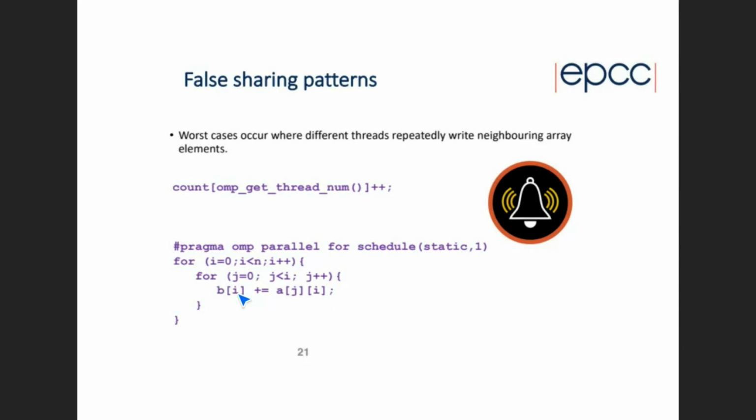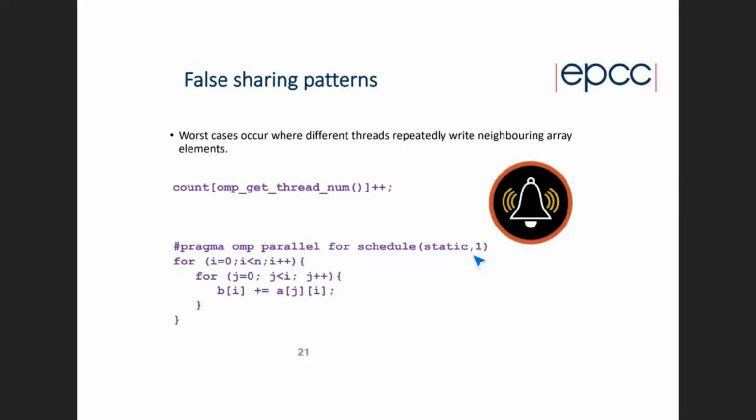And we want to parallelize the I loop here. So again, you might look at it and think, okay, it's imbalanced, let's do a static schedule with a chunk size of 1, because that should give me good load balance.